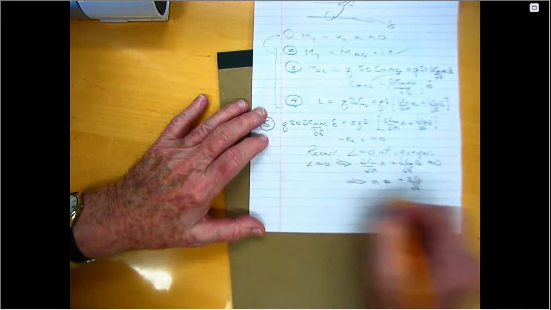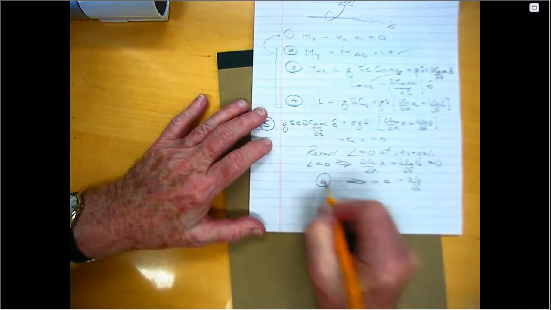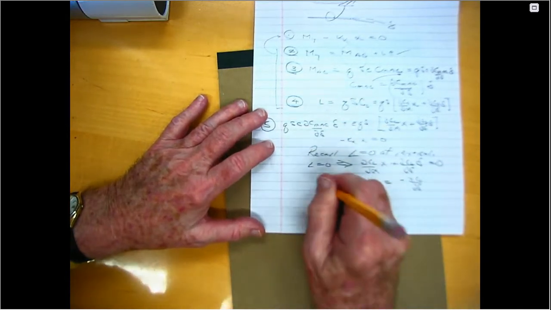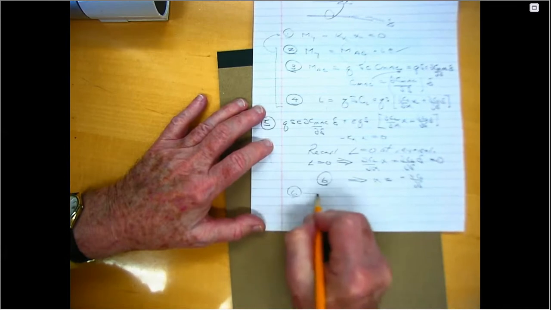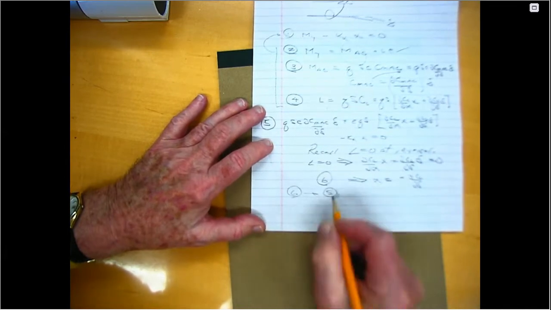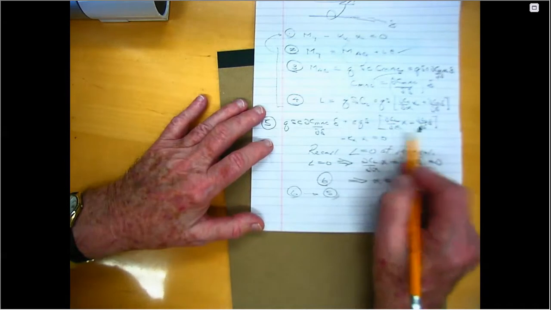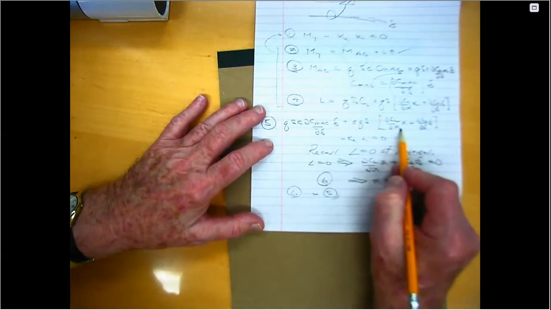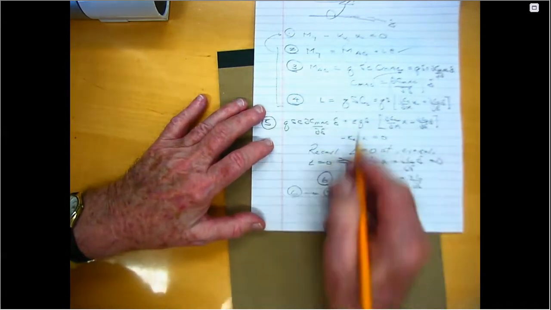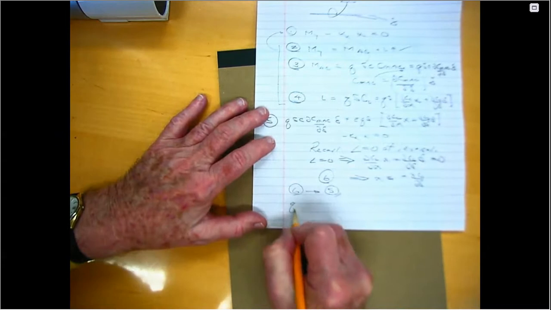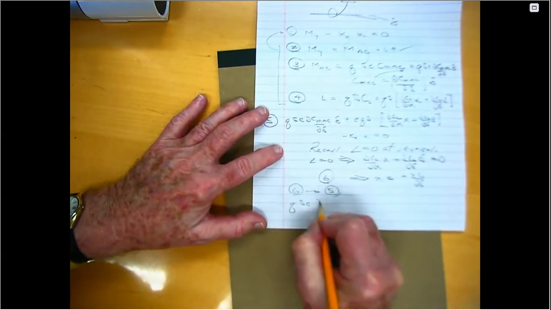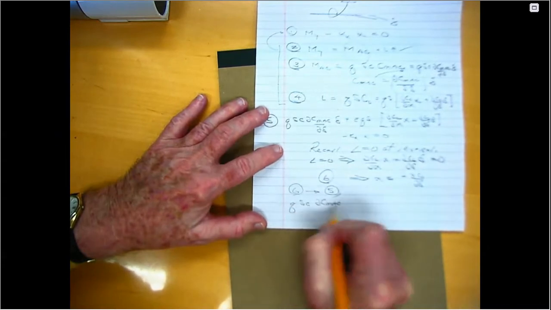Now I'm going to call that equation 6. Now I'm going to put equation 6 into equation 5, and recognizing that by definition the lift is 0 at reversal, this term is 0, right? Because I know it. And so all I have left is Q S C dC_MAC/d delta.